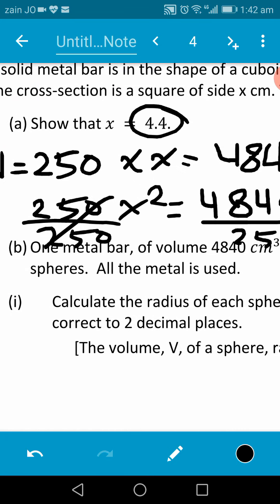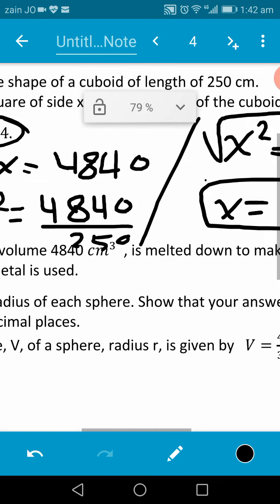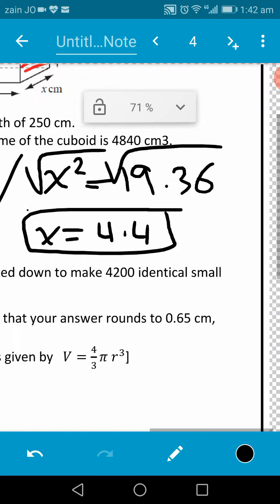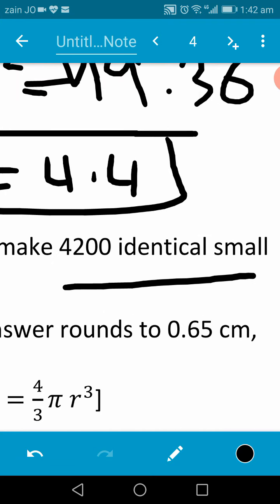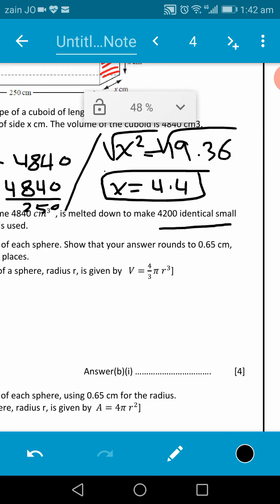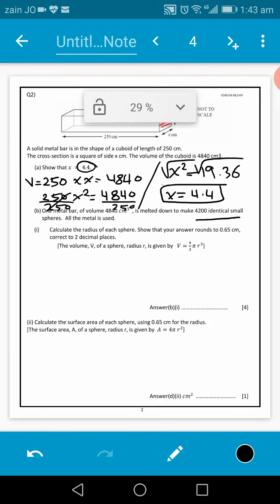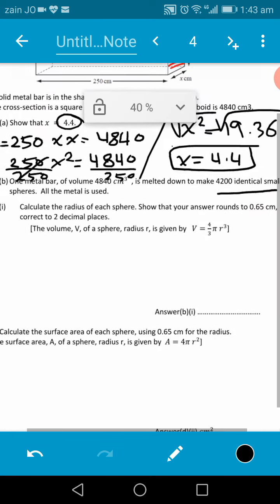One metal bar of volume 4,840 centimeter cube is melted down to make 4,200 identical small spheres. All the metal is used. Calculate the radius of each sphere. Show that your answer rounds to 0.65 centimeter, correct to 2 decimal places. The rule of the volume is given, which is 4/3 pi r cube.